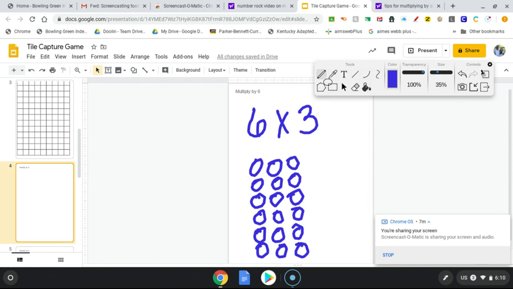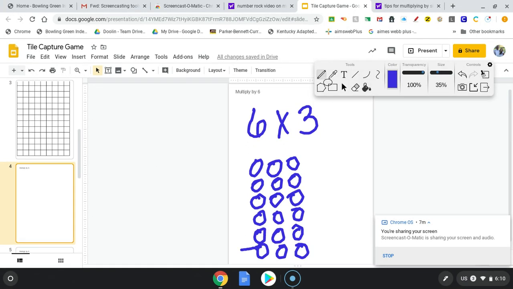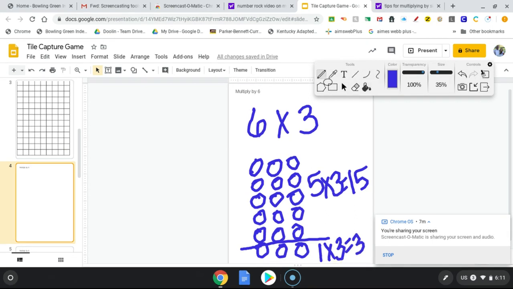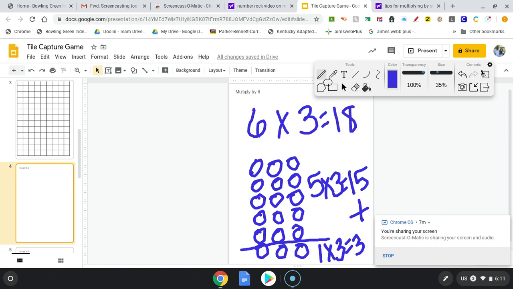So I can use the distributive property. Now 5 is an easy fact. So we have 5 times 3, and that equals 15. And 1 times 3, and that equals 3. Then we're going to add 15 plus 3, and that equals 18.